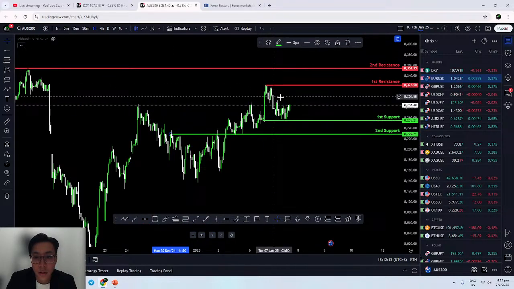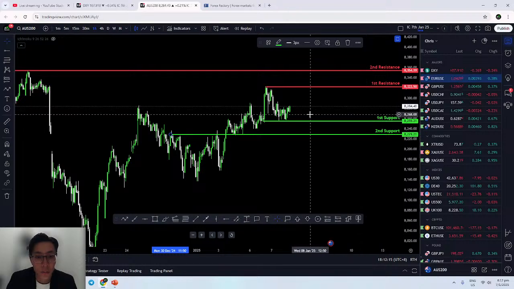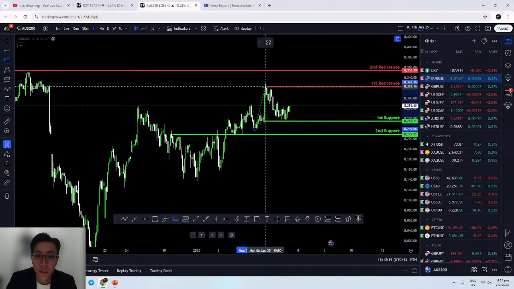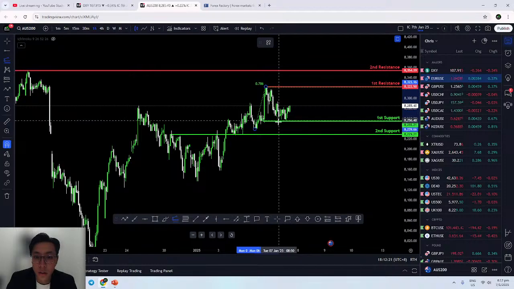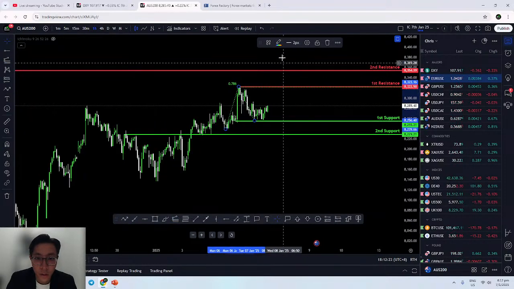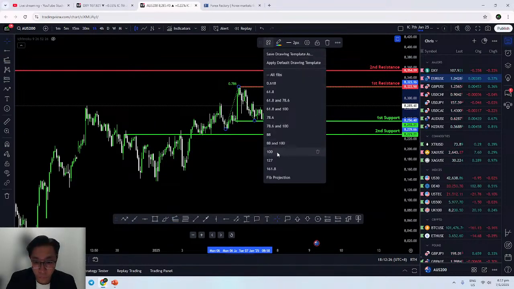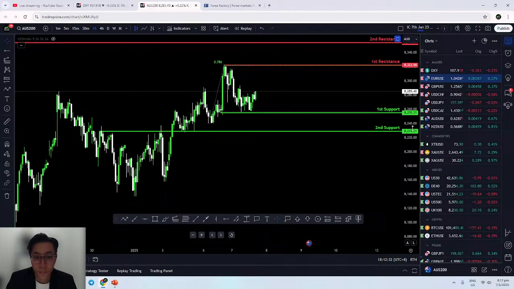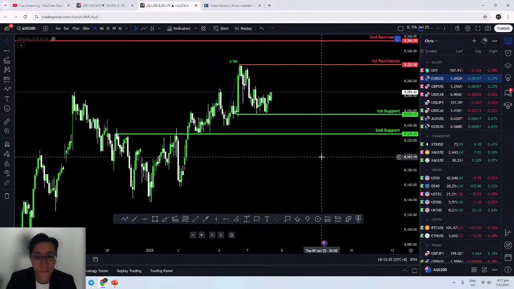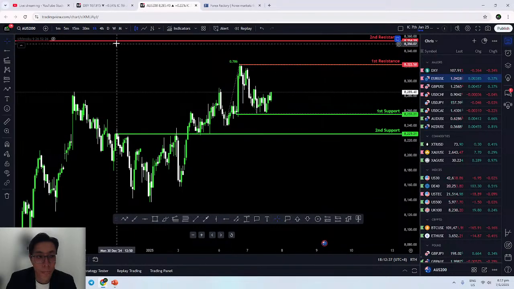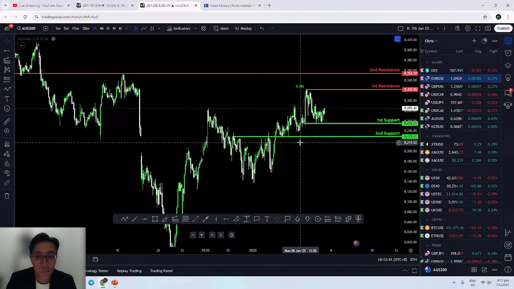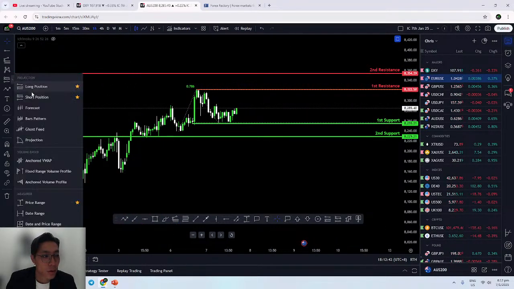This is H1. Ideally, if I were to use extension, let's see. I think 78 looks way better. Let's try this.